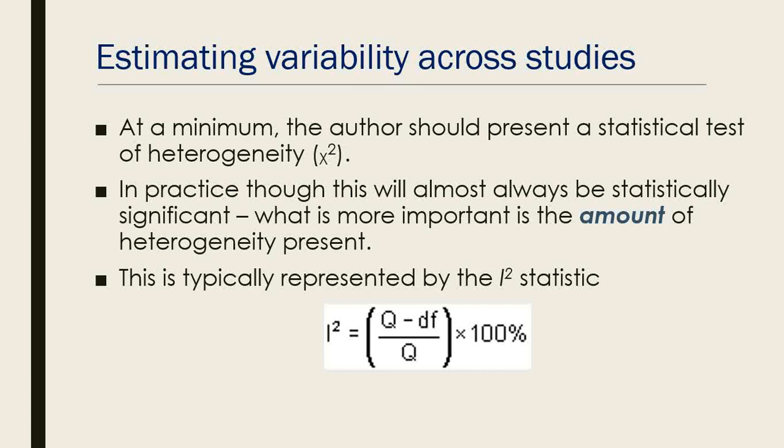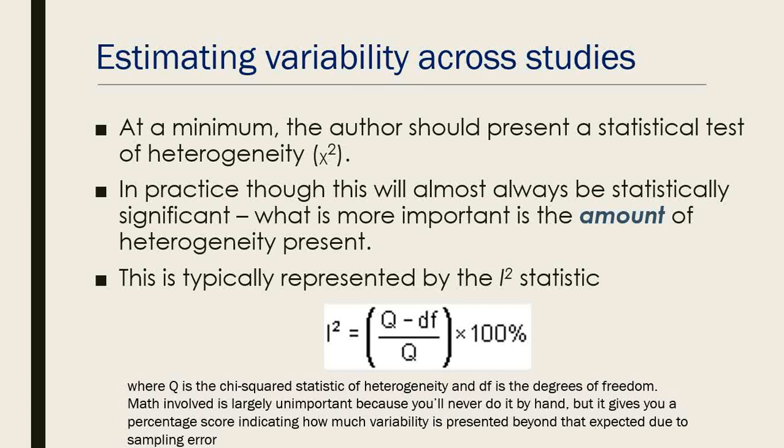So it gives you a percentage, where Q is the chi-squared statistic of heterogeneity, and degrees of freedom is based on the number of studies that you have in a meta-analysis. Now the math involved is largely unimportant because you're never going to do it by hand. You'll let the computer do it, but it does give you a percentage score indicating how much variability is present beyond that which would be expected due to sampling error.